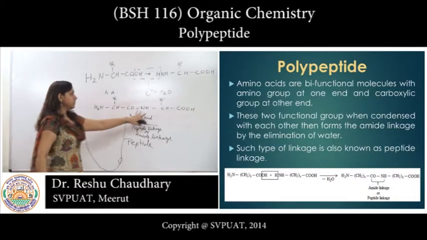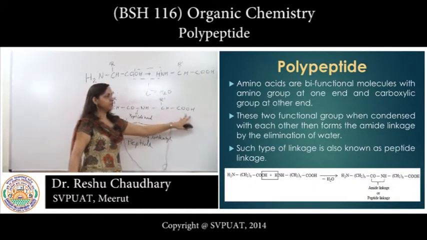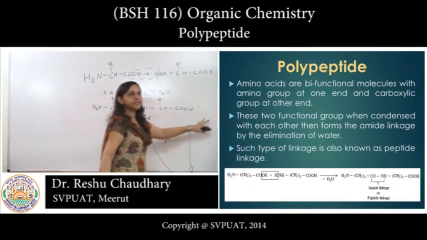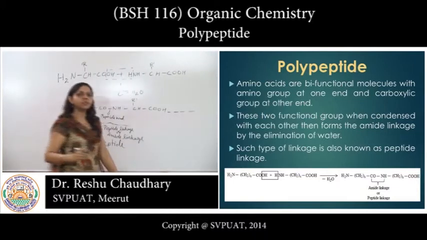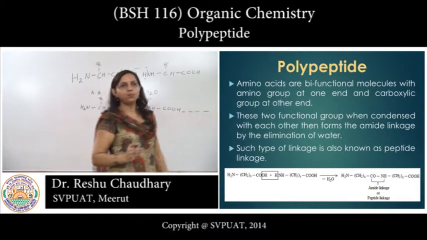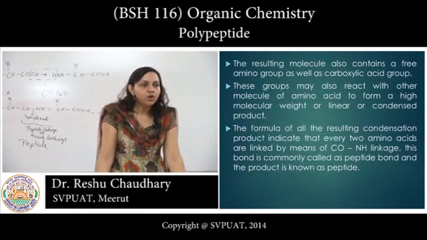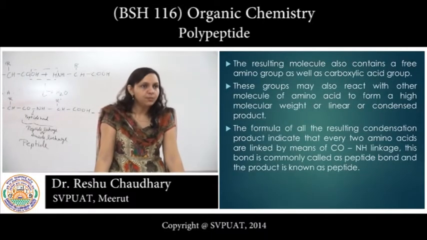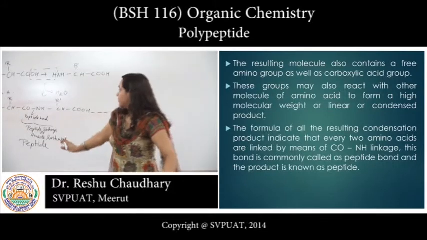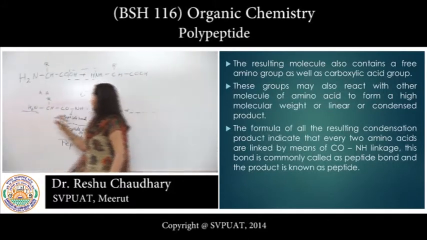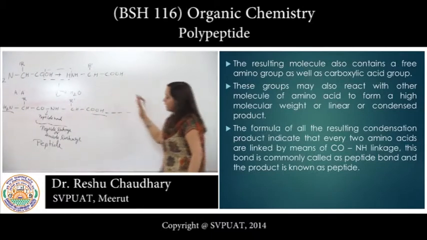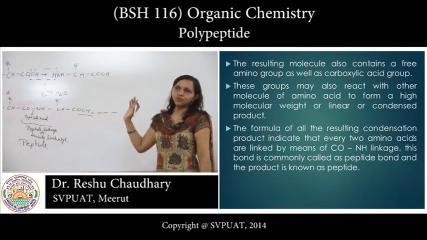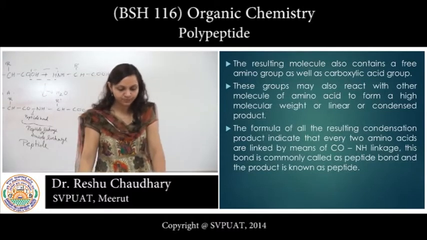In the same way, when more than two, three, five molecules are condensed, and so on, the name of the product is polypeptide. The resulting molecule contains a free amino group as well as a carboxylic group. This is the free amino group and this is the free carboxylic group. At one end there is an amino group, at the other end a free carboxylic group.